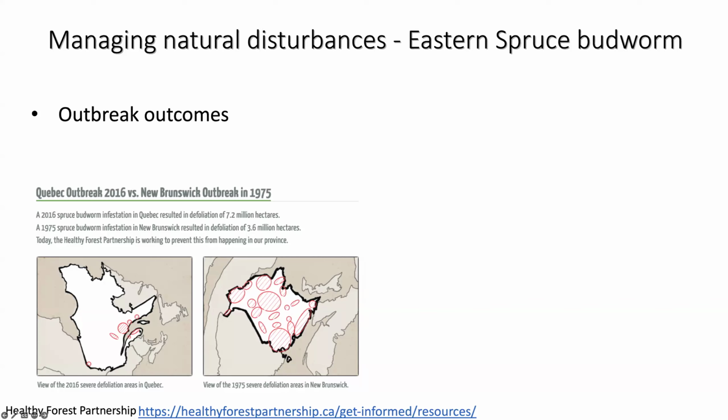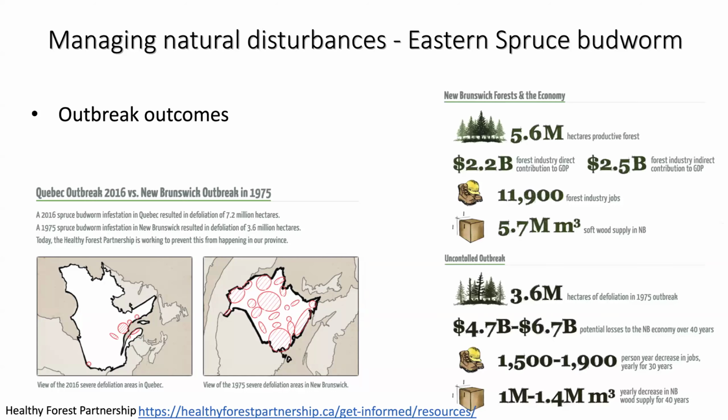And then in Quebec, on the left here, in the current or recent outbreak of 2016. So we're talking millions of hectares of forests and timber potentially affected under a severe outbreak of eastern spruce budworm.